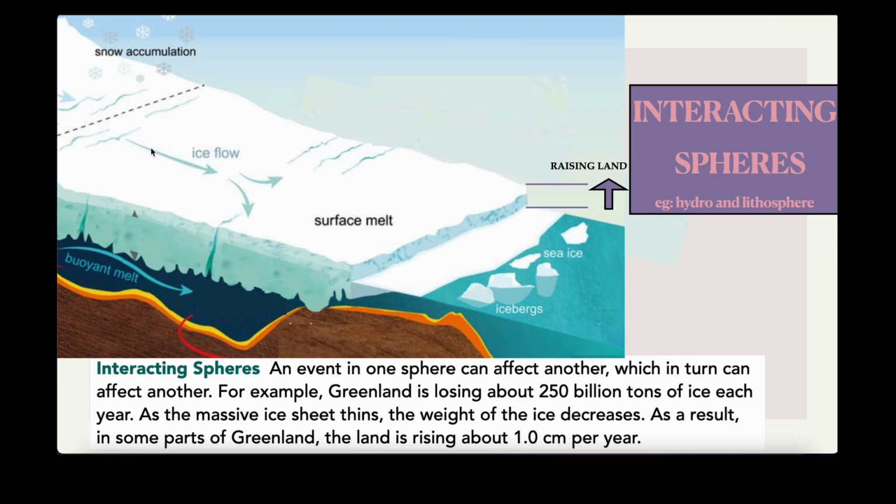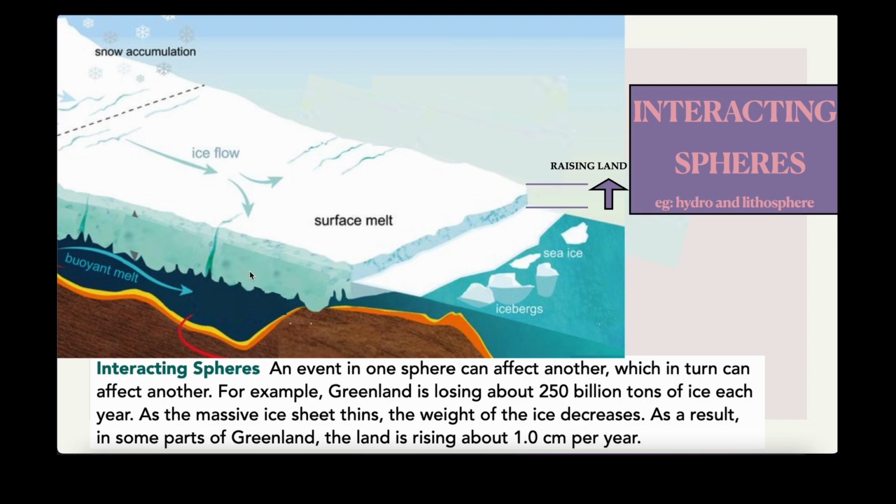As a result, in some parts of Greenland, the land is rising about 1 centimeter per year. So as this island is losing mass, losing ice, it's thinning, and the weight is getting reduced, because of which the land is rising.